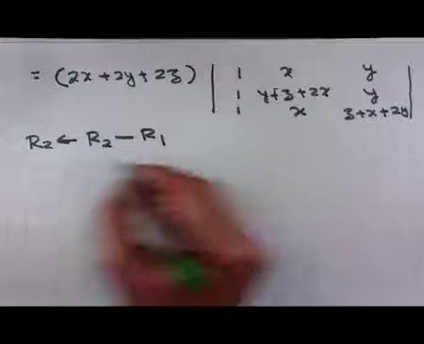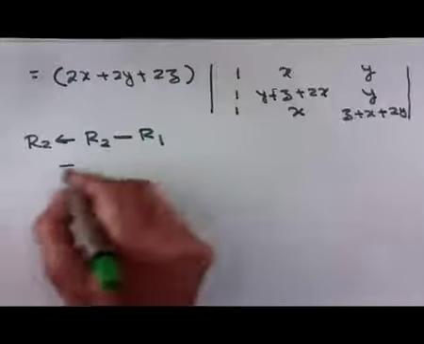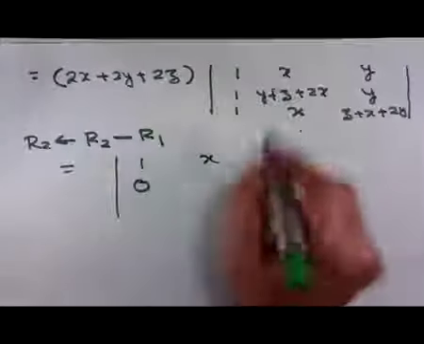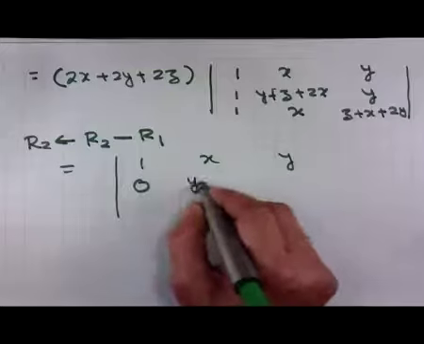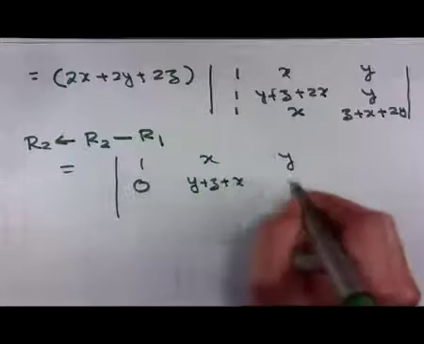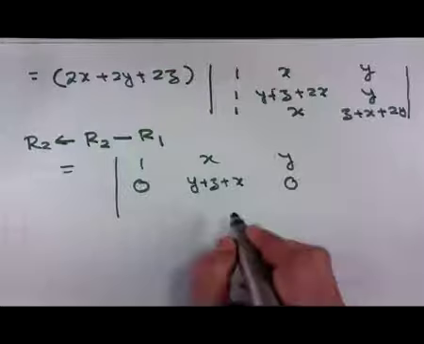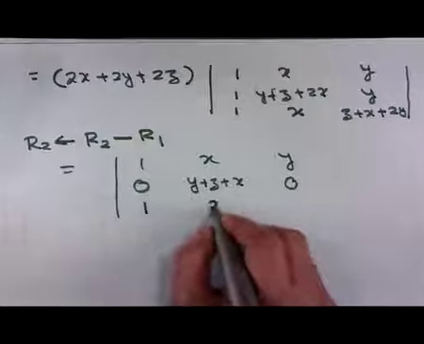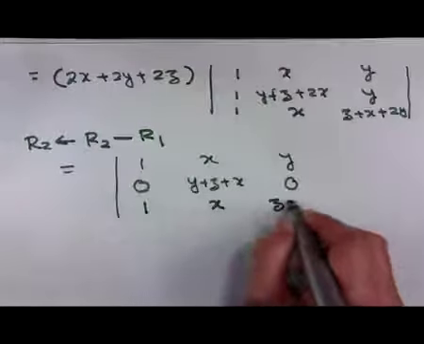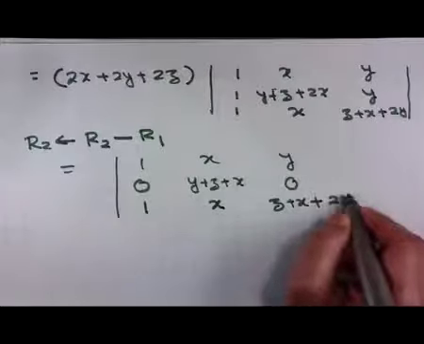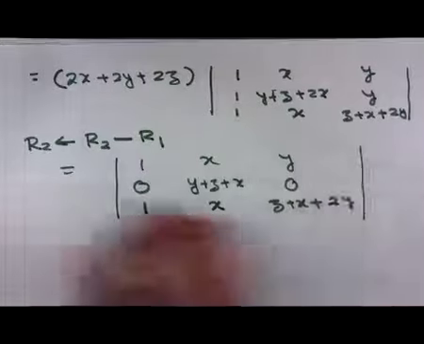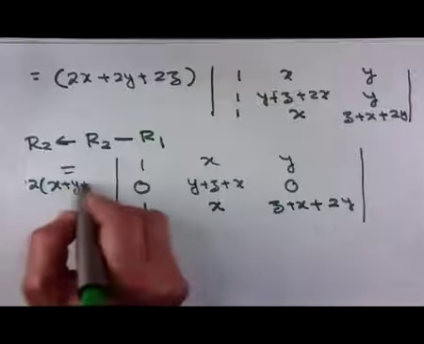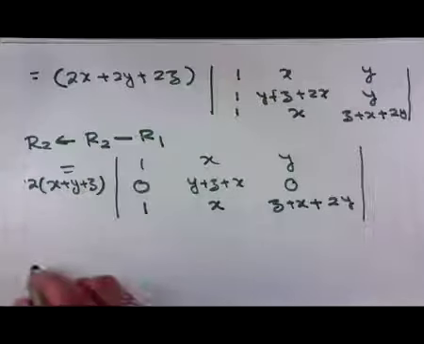Then its determinant is equal to the matrix 1, x, y; 0, y plus z plus x, 0; 1, x, z plus x plus 2y, of course multiplied by 2 into x plus y plus z, as that is coming from there.